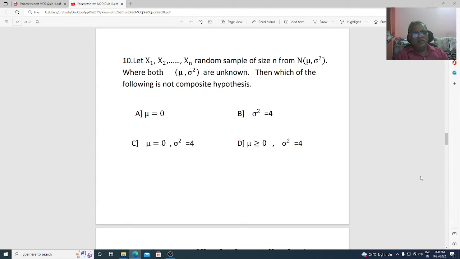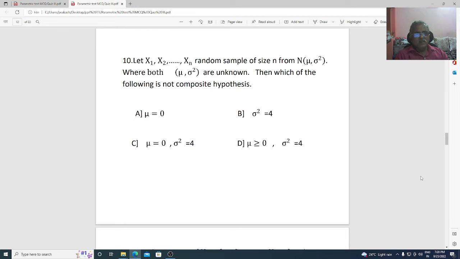Question number 10. Let X1, ..., Xn be a random sample of size n from normal(mu, sigma square) where both mu and sigma are unknown. Then which of the following is not a composite hypothesis? Option A, mu equal to mu naught. Option B, sigma square equal to 4.